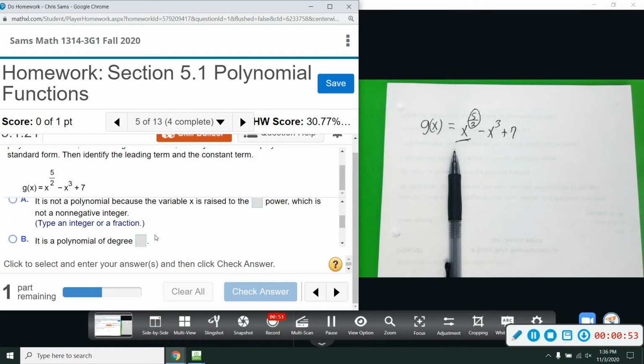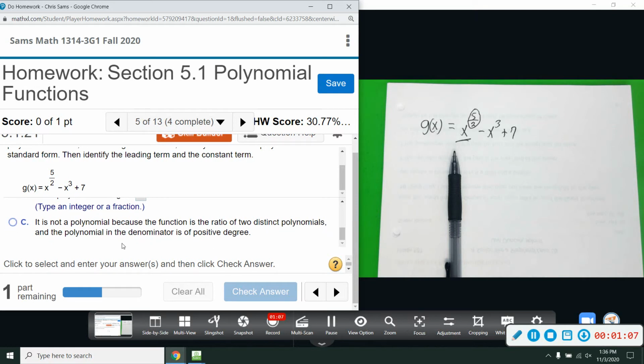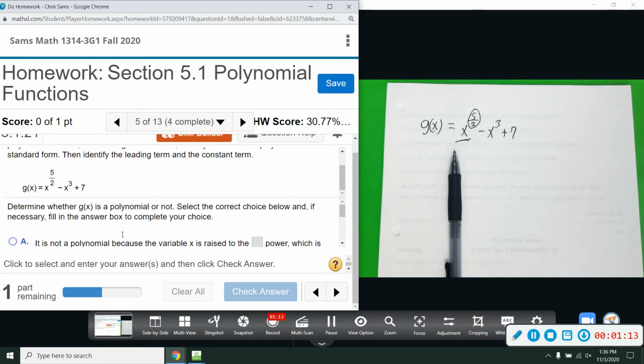So it just says the degree. It's not a polynomial because the function is a ratio of two distinct polynomials, and the polynomial in the denominator is of positive degree. That's not the case. It is not a polynomial because the variable x is raised to the power.